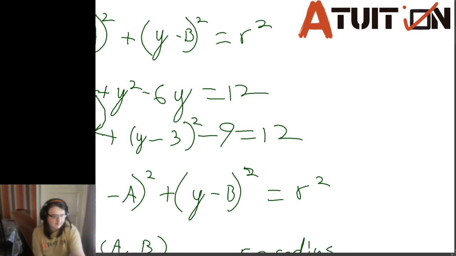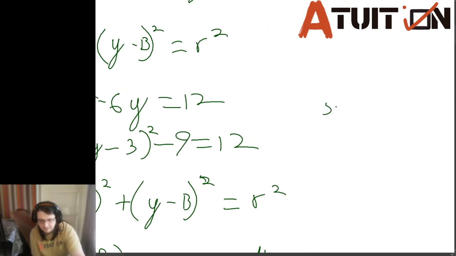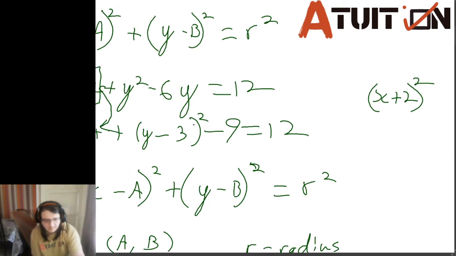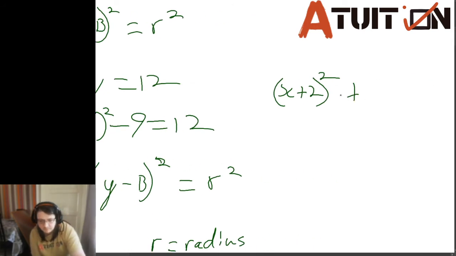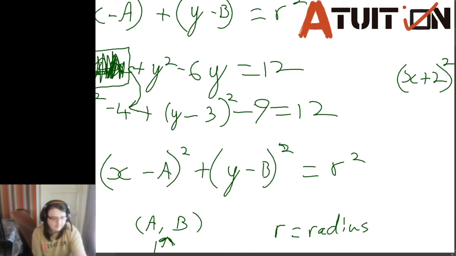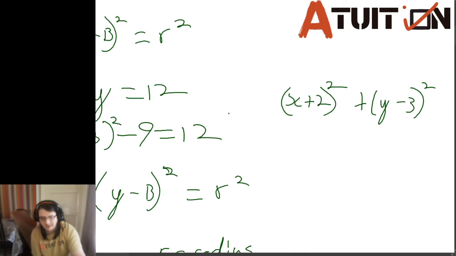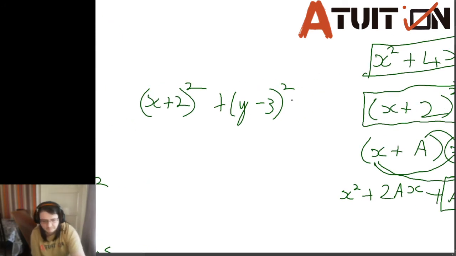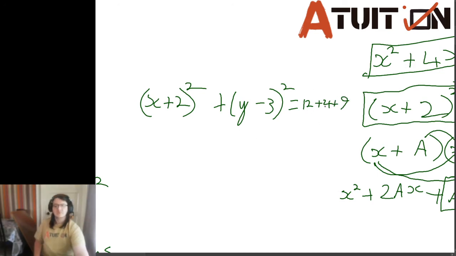So we've got x plus 2 squared, and we've got y minus 3 squared. That was positive, plus sign over there. And then the minus 4 and the minus 9, we're going to add those to the 12. So those will equal 12 plus 4 plus 9. 12 plus 4 plus 9 is 25.